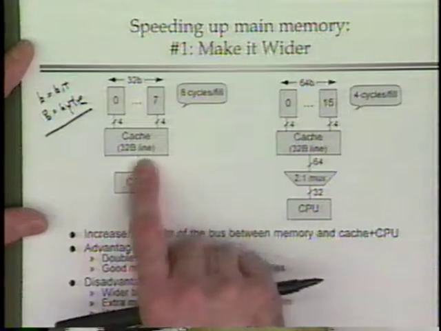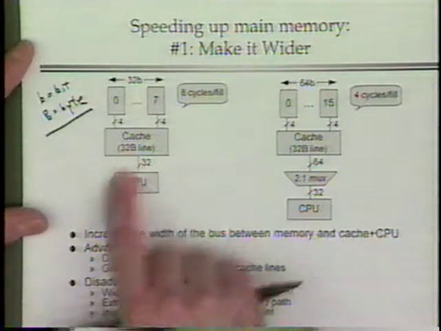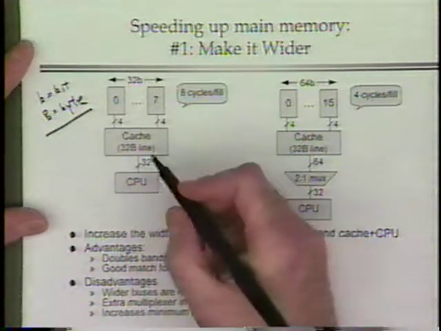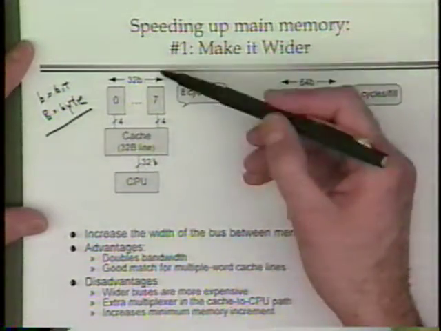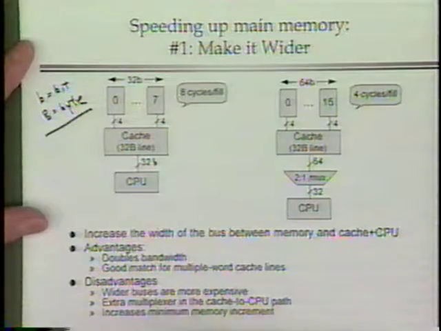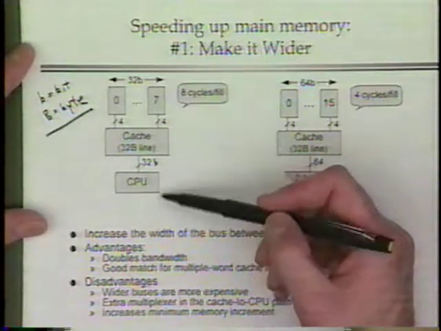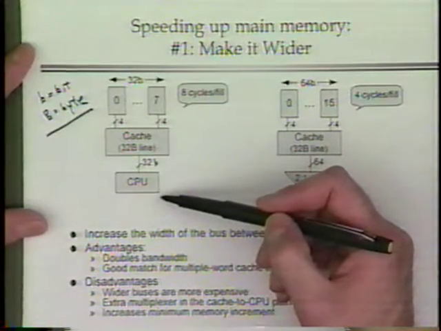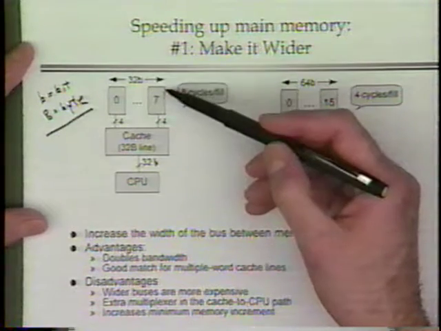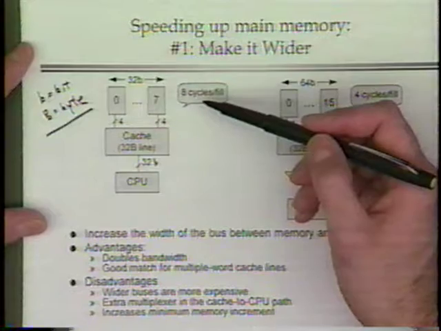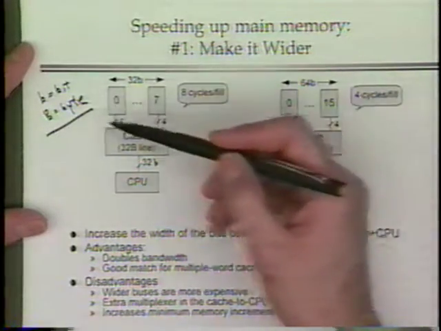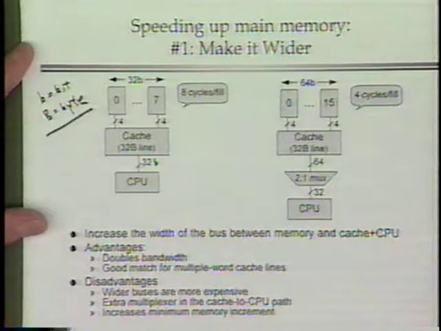Here is a cache that has a 32-byte line, and it has a 32-bit interface, both to the CPU and to main memory, so that when the CPU wants one word, it gets it in a single cycle. When the cache misses and needs to fill from main memory, it needs to go through 8 cycles of 4 bytes each, 32 bits, in order to fill up the cache.